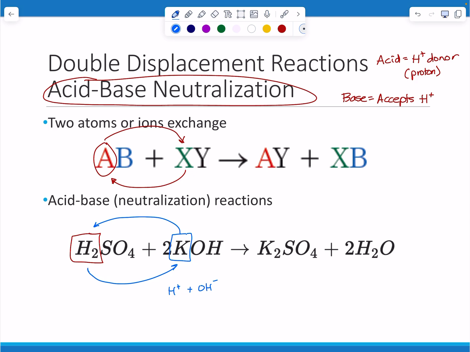Well, you get water, okay? So when you have a reaction between an acid and a base, okay, water is always a product in an acid-base neutralization reaction.